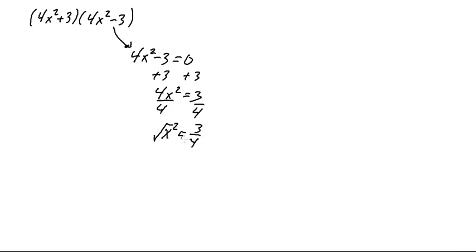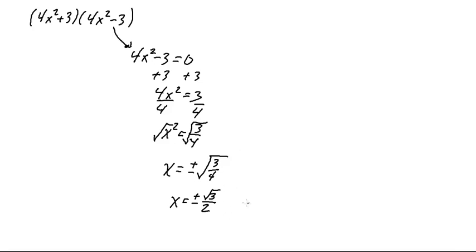So now I take the square root of both sides, and you guys need to remember, plus or minus. And I get x is equal to plus or minus the square root of 3 over 4, which I know simplifies to x is equal to plus or minus the square root of 3 over 2.